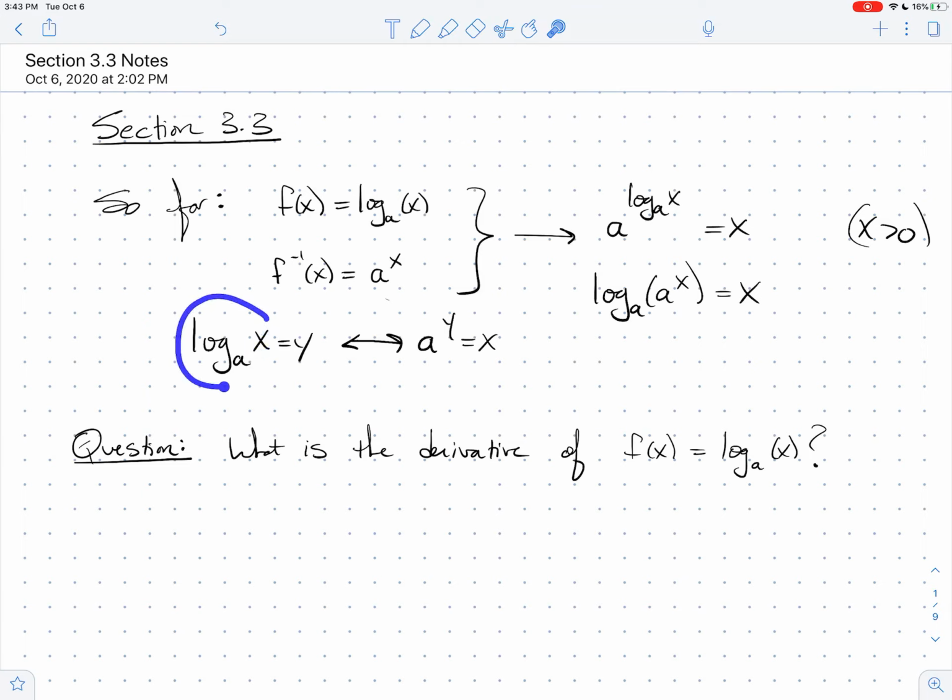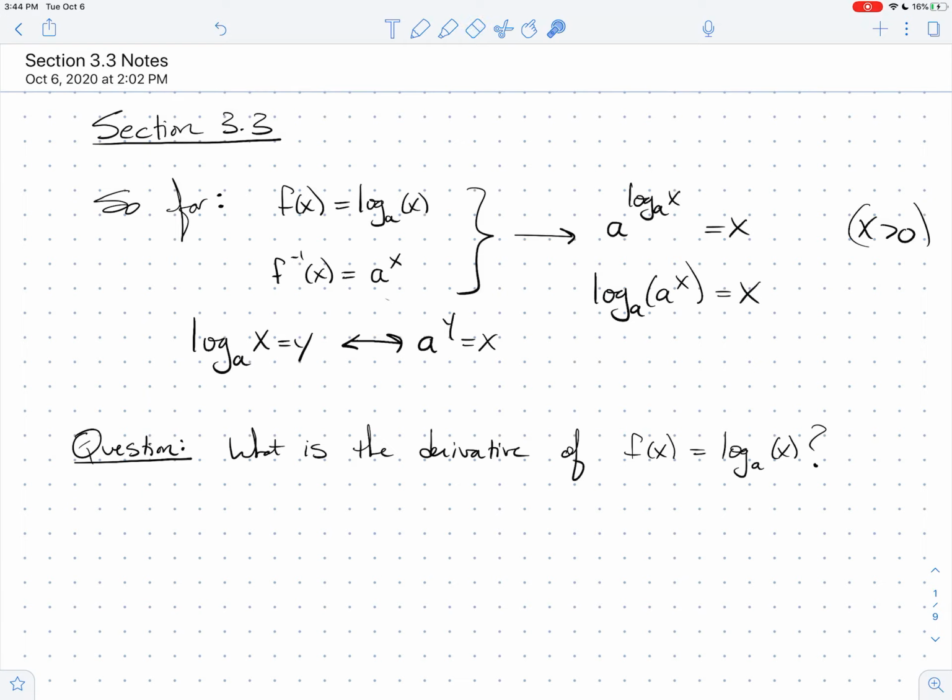So the logarithm of x, this whole thing, which we're calling y, is the power that you put on a to get out x. And so in some ways, it's right here: a to the log base a of x is x. This is the power that you put on a to get out x. Okay, so that's review. We did that last time. I just felt the need to review it again.